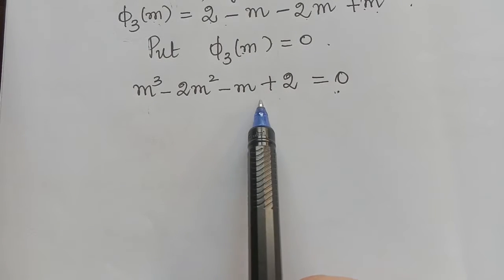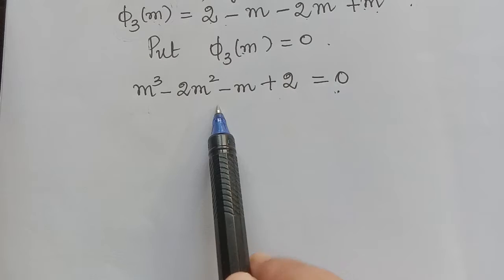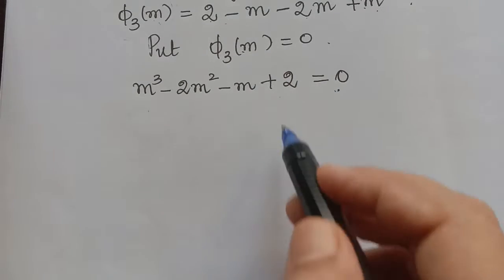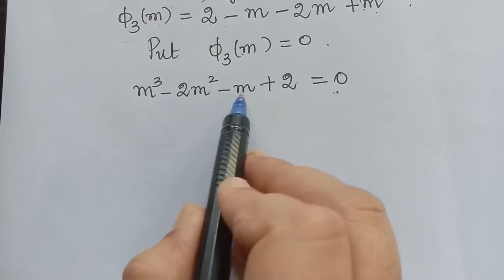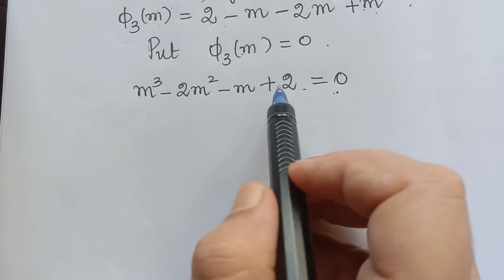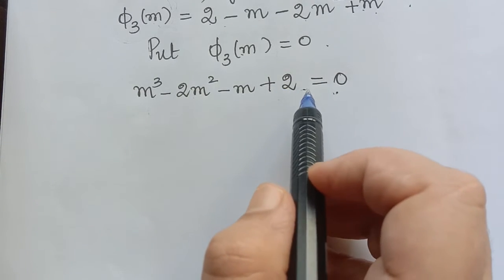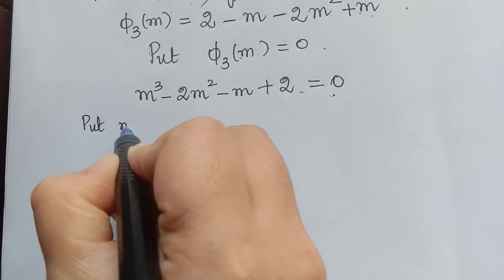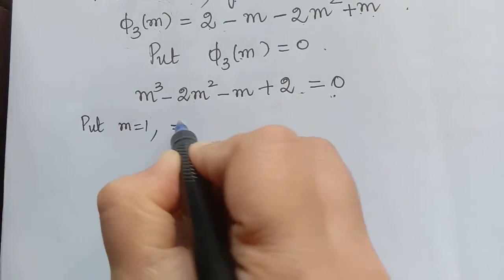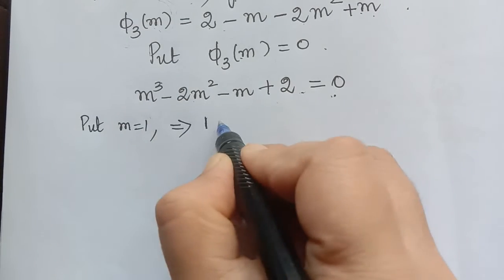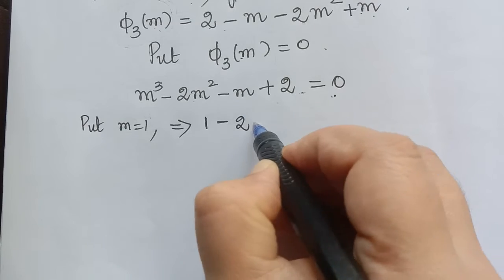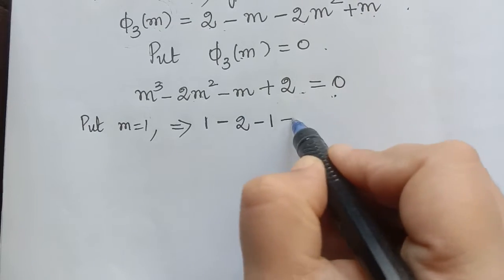We have to start with 1. We have to check whether 1 is a root of this equation. So we put m equal to 1 in this equation and check whether we are getting 0. If you put m equal to 1, 1 cube is 1, minus 1 square is 1, so you will have minus 2, minus m is minus 1, plus 2.